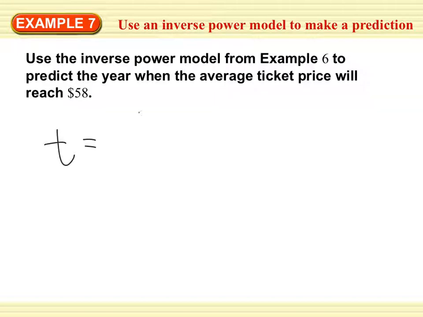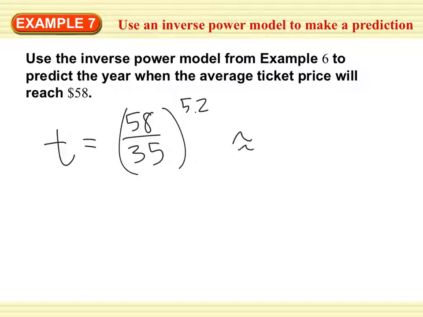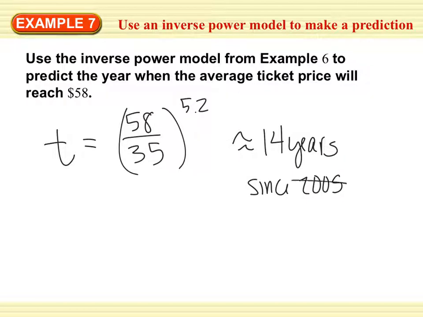So time equals 58 over 35 raised to the 5.2. 58 divided by 35 equals caret 5.2. And I get about 14 years. So that's the years since 1995. So that gives me about 2009. Right? Yep.